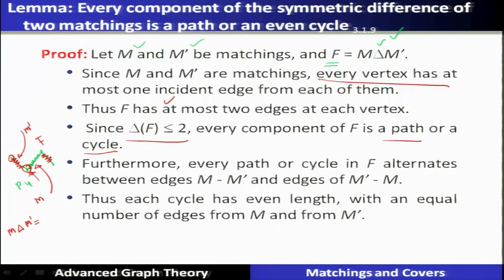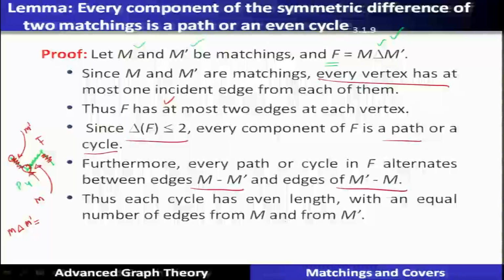Furthermore, every path or cycle in F alternates between edges of M minus M prime and edges of M prime minus M, which we know from the symmetric difference. Thus, each cycle has an even length with an equal number of edges from M and from M prime.